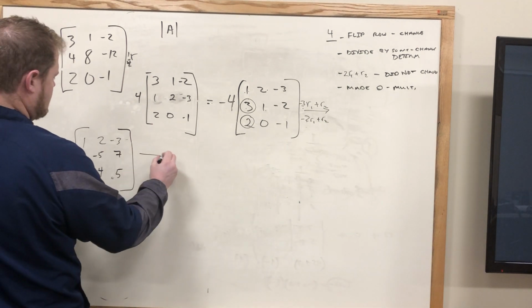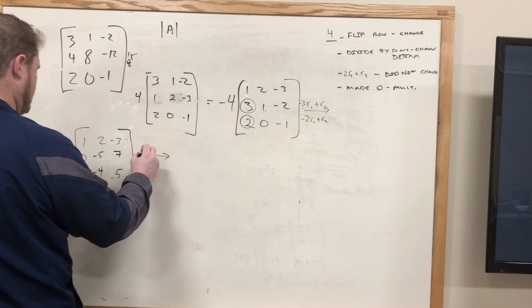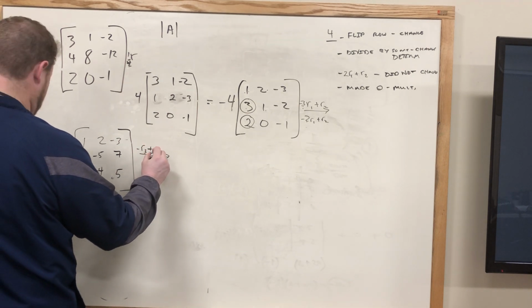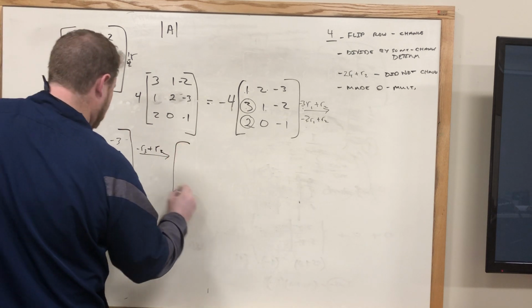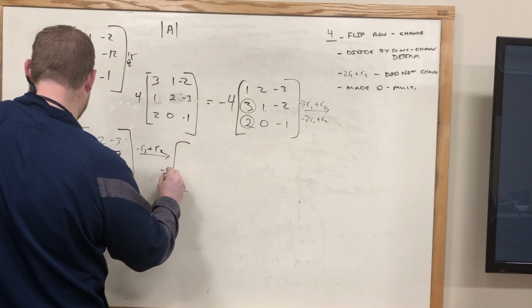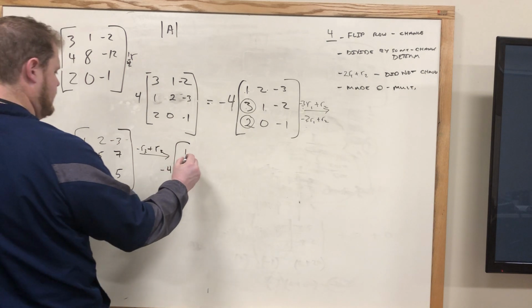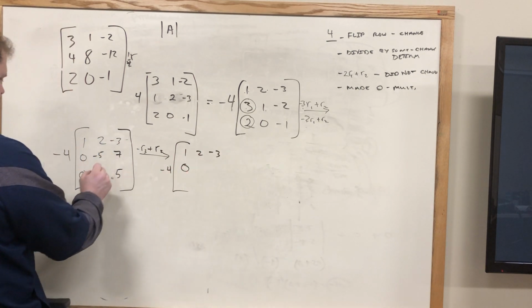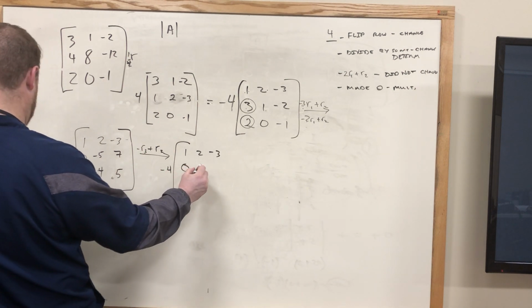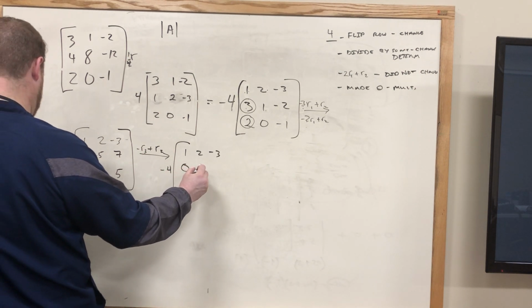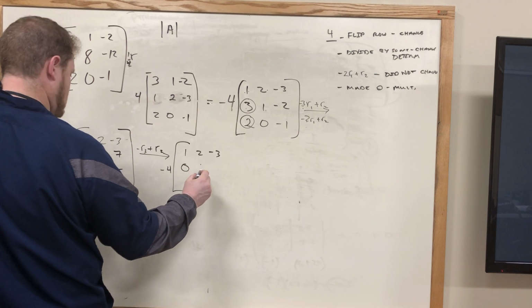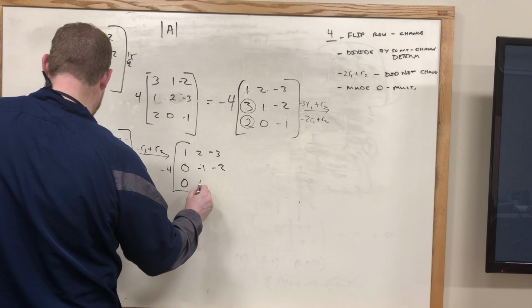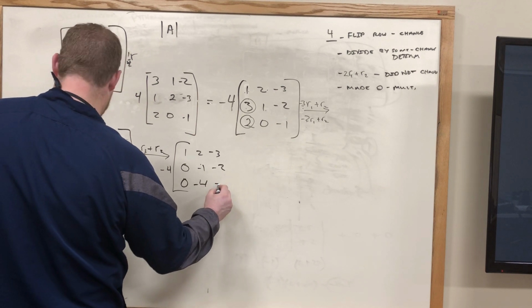Okay, so our next thing, R3 minus R3 plus R2. If we do that, we're left with -4R, 1, 2, -3, 0, -1, -2, 0, 4, -4, and a 5.